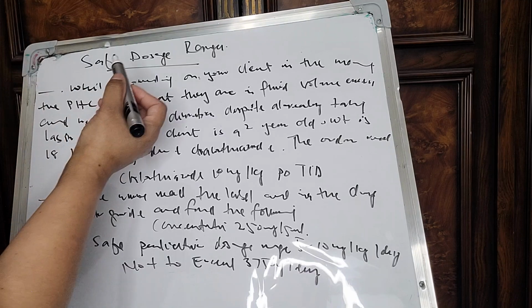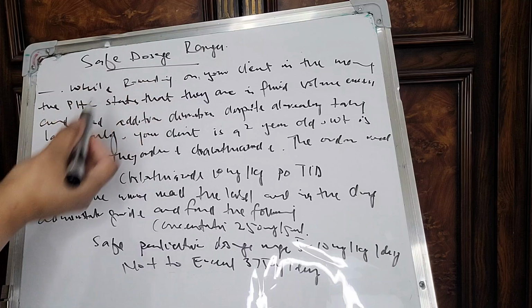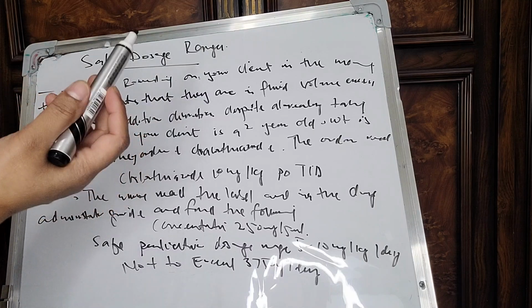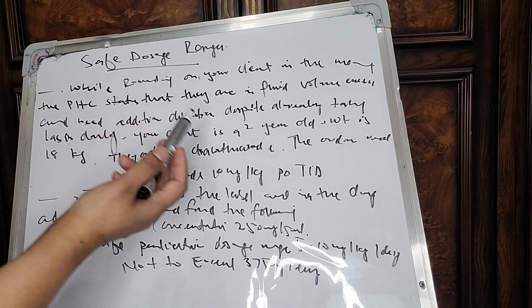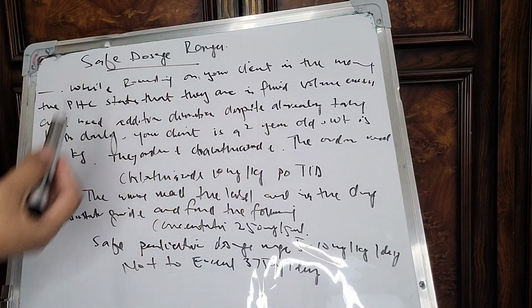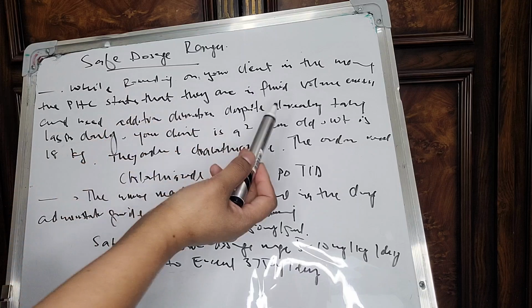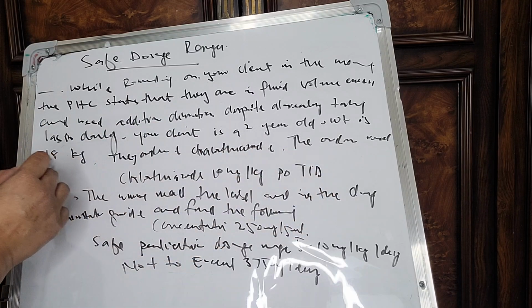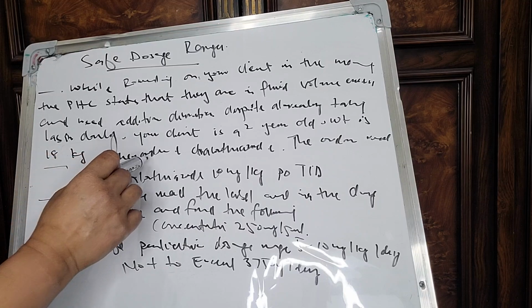So while rounding on your client in the morning, the primary healthcare provider states that they are in fluid excess and need additional diuretics despite already taking Lasix daily. The patient is already on Lasix, your client is a 2-year-old, weight is 18 kg. What did he order?